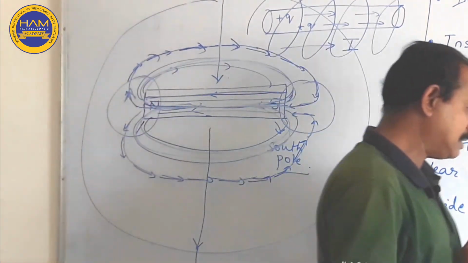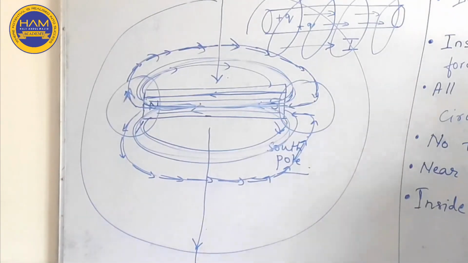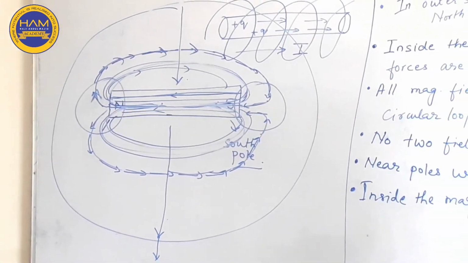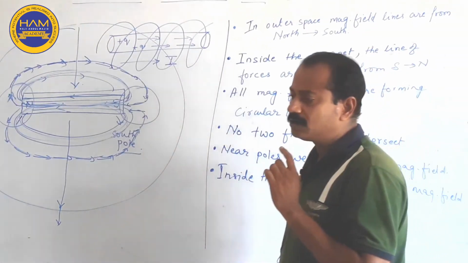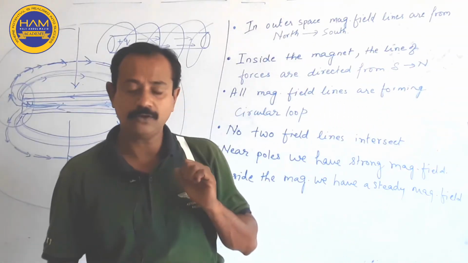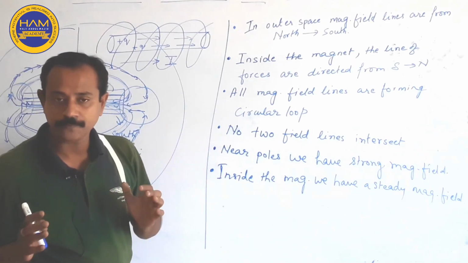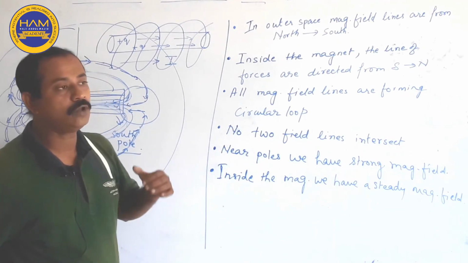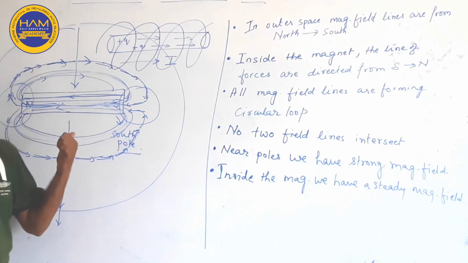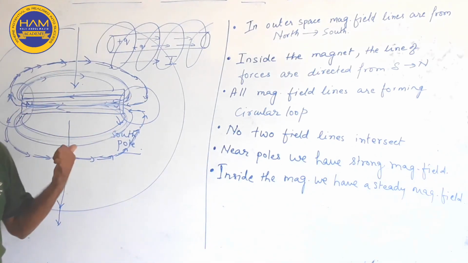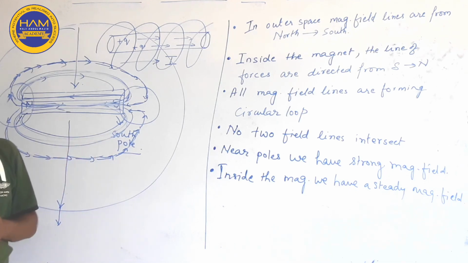So these are some of the points which we have for the magnetic field. Now another important point: we know that Earth is a big magnet. Earth also has a magnetic field of its own. Now if we are using a magnet, won't the field of Earth affect the magnetism? Yes, it does.